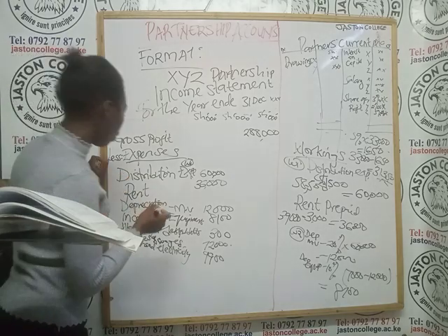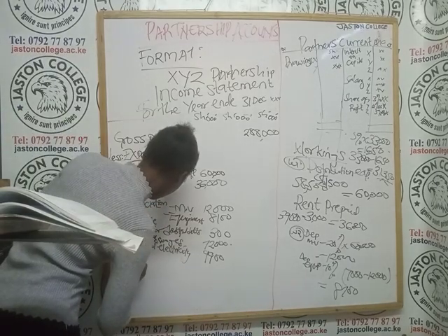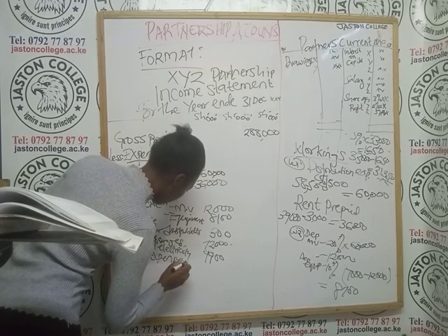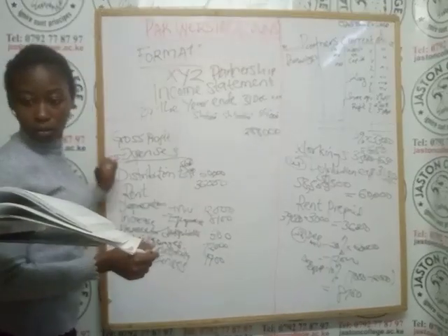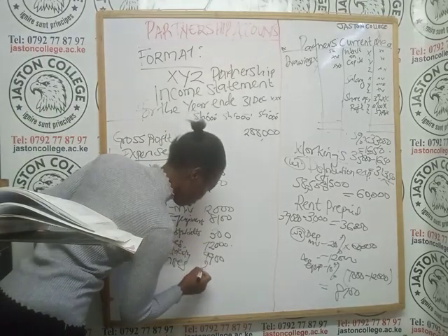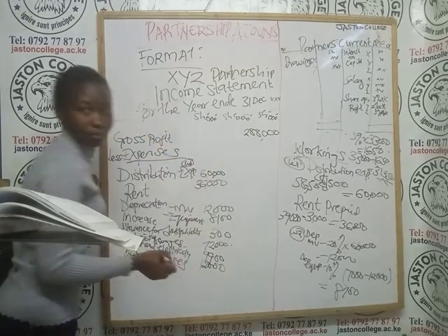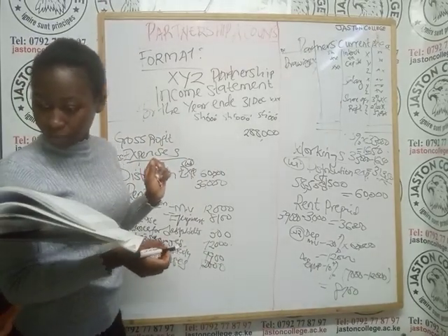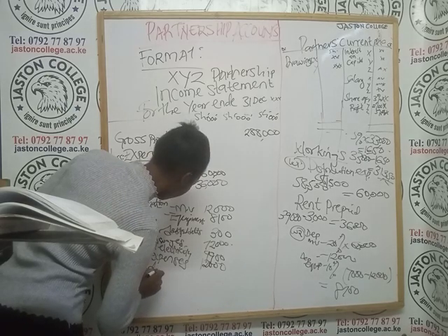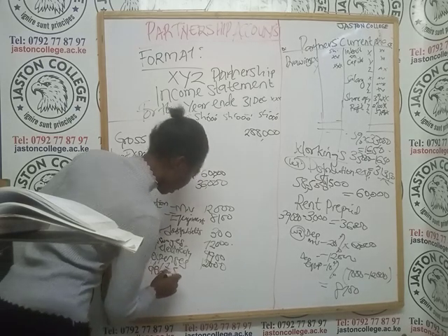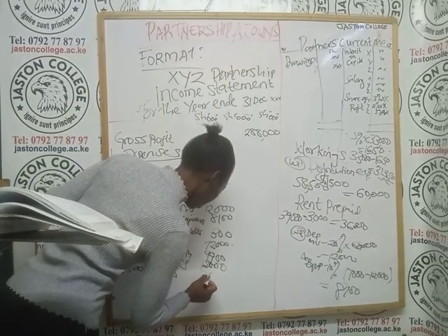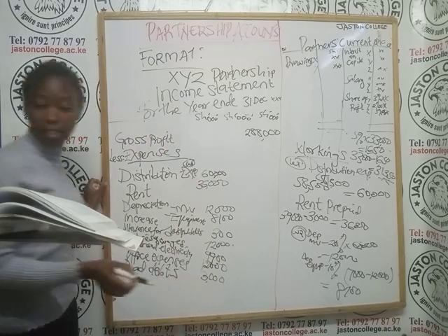We will also have office expenses at 12,000. We also have bad debts. They are also part of the expenses. Bad debts, which we have at 3,000.